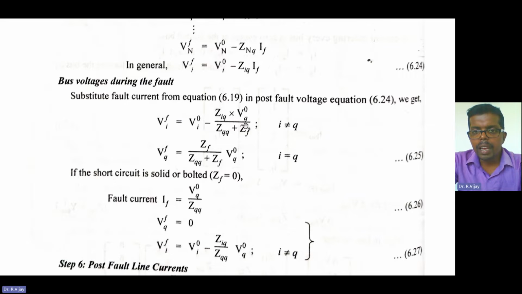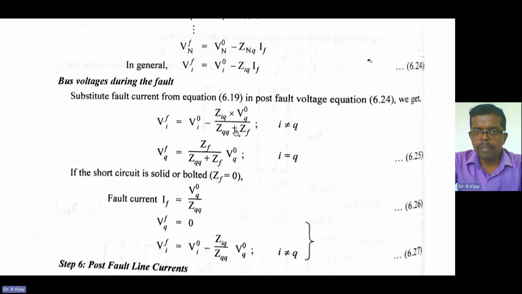What is IF? VQ naught divided by ZQQ plus ZF, where I is not equal to Q. Similarly, VQF is equal to ZF divided by ZQQ plus ZF into VQ naught.